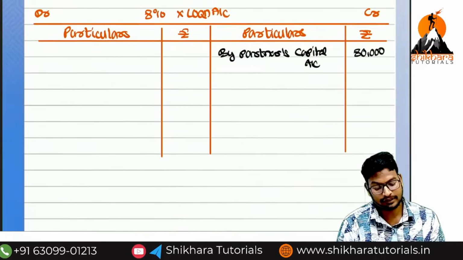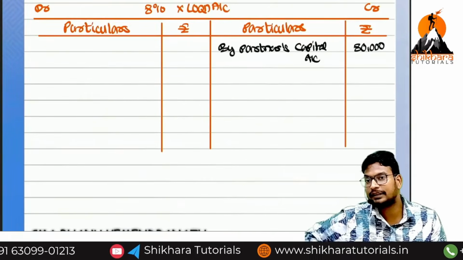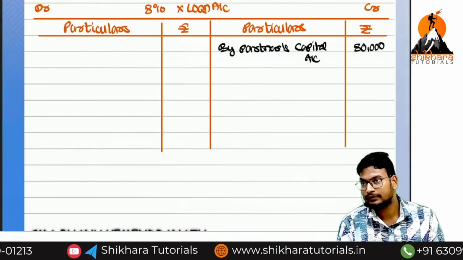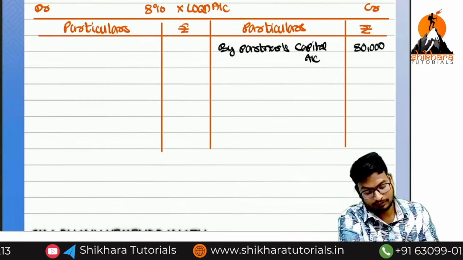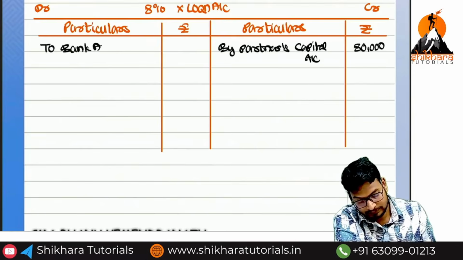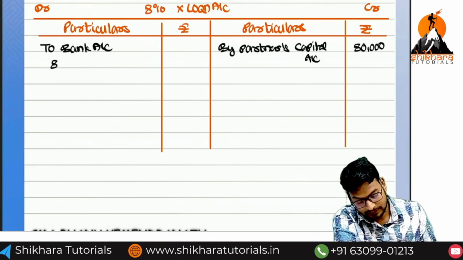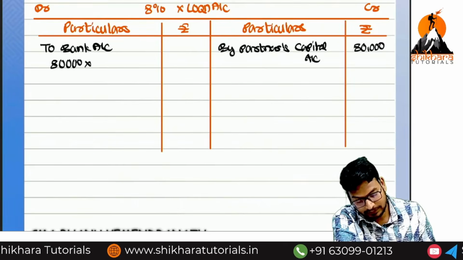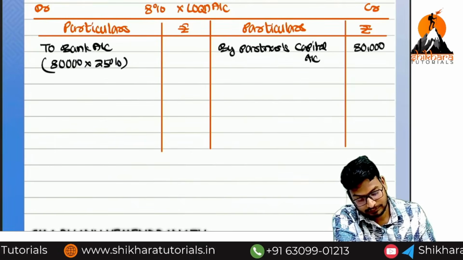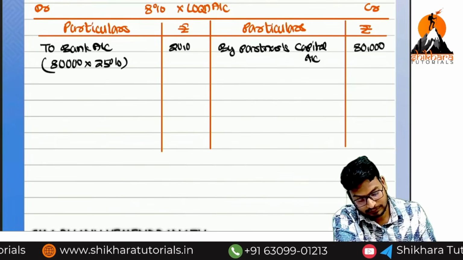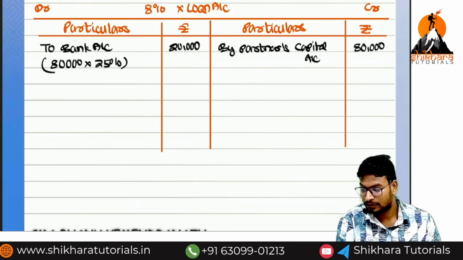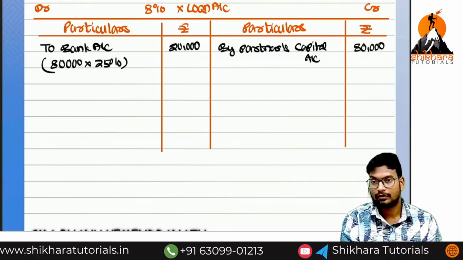And again, the loan value we need to decrease or increase? Decrease. Decrease means which side do we need to write? Debit side only. Now to bank account. How much have we paid? 80,000 into 25%. That is equal to how much? 20,000. Okay?